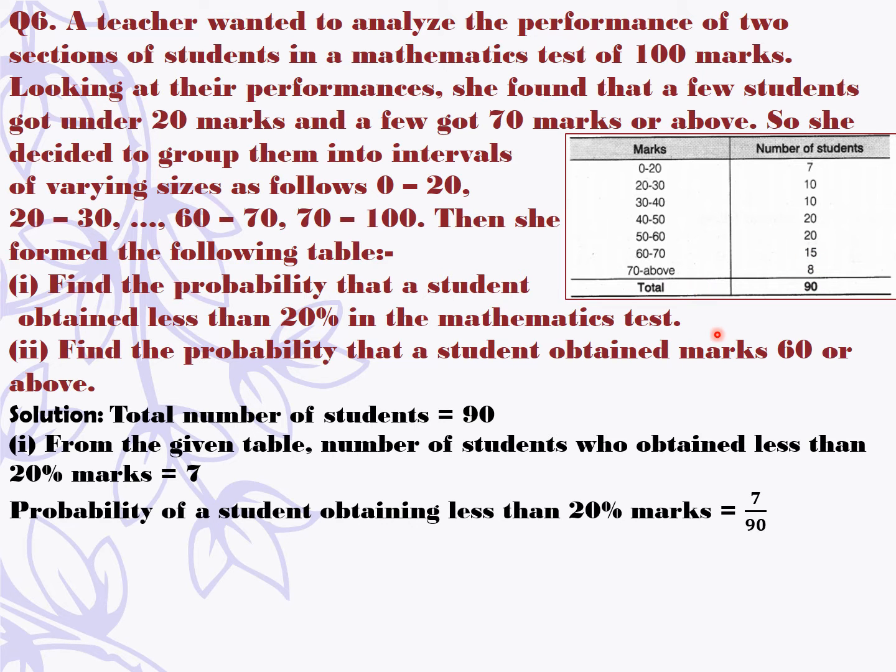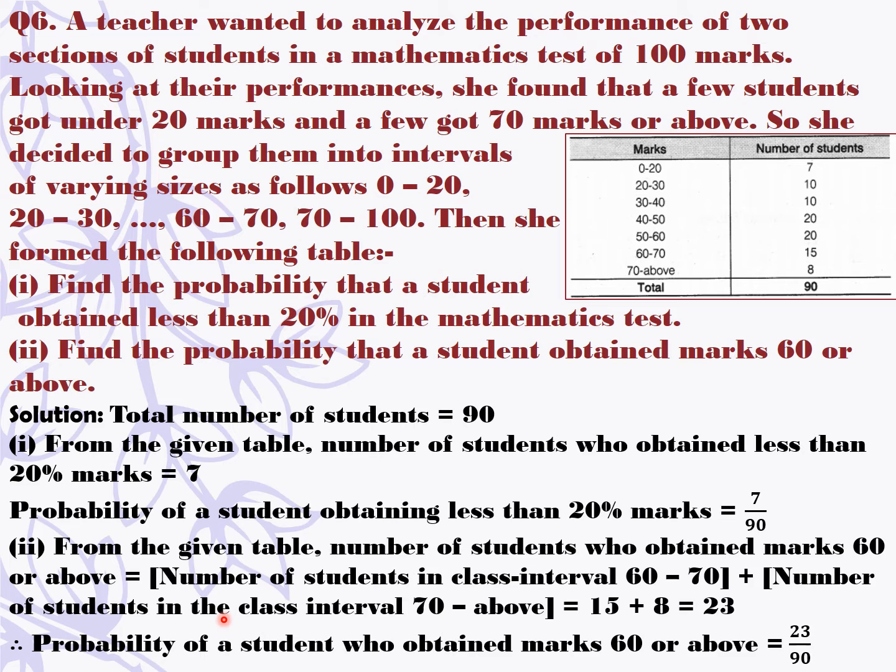100. So to solve the sum, we can write from the given table, number of students who obtained marks 60 or above is equal to number of students in class interval 60 to 70 plus the number of students in the class interval 70 and above.